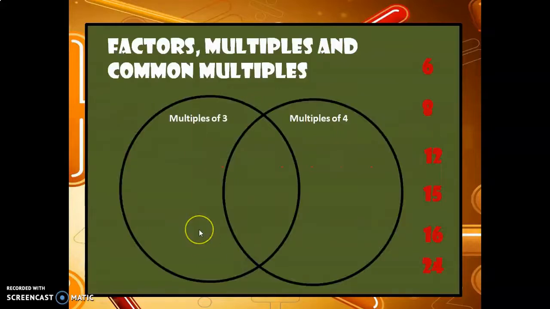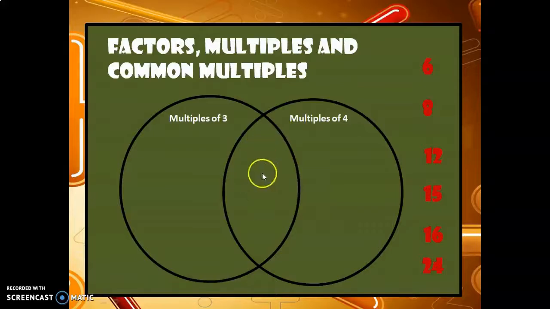Let's have another example about multiples. In this example, we put the numbers on the right side into their corresponding sections in this Venn diagram. If you put it on the left side, it must be a multiple of 3, and on the right side it must be a multiple of 4.